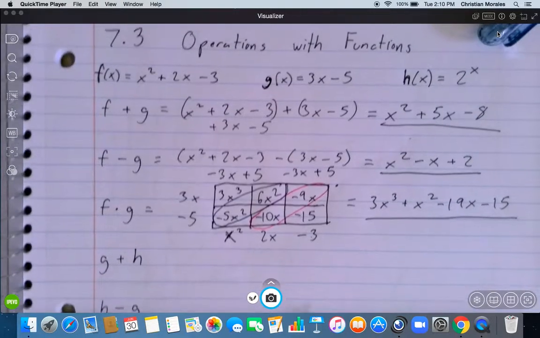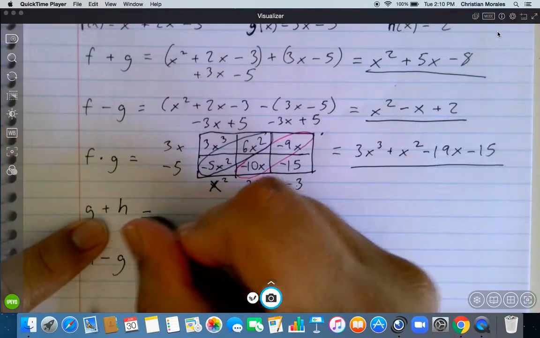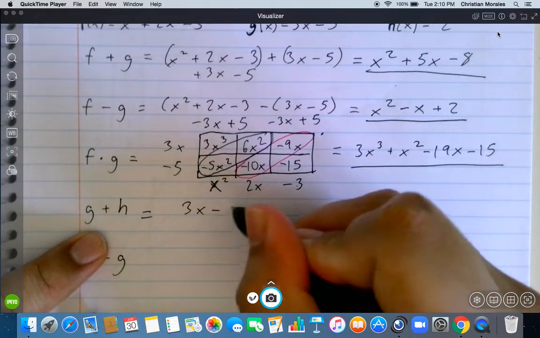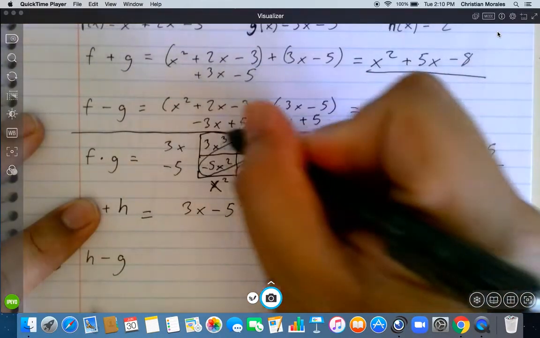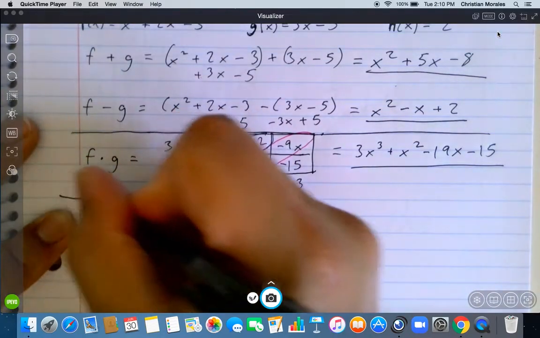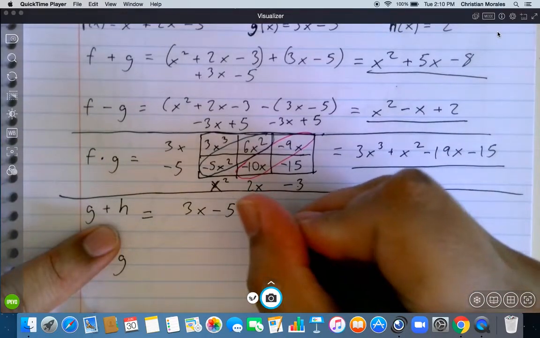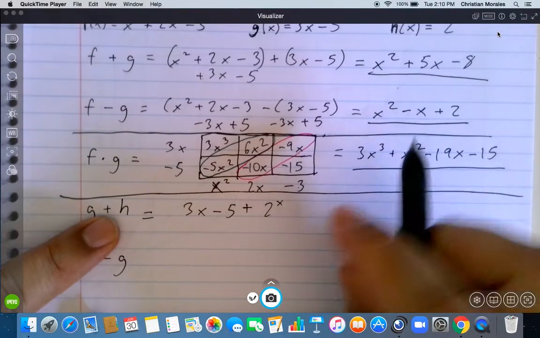Now, what if it's like this? What if you have g of x, which was 3x minus 5. And let me separate this so I don't get it confused. This was a lot of work here. All right, here we go. 3x minus 5 plus h, which is my exponential, 2 to the x.